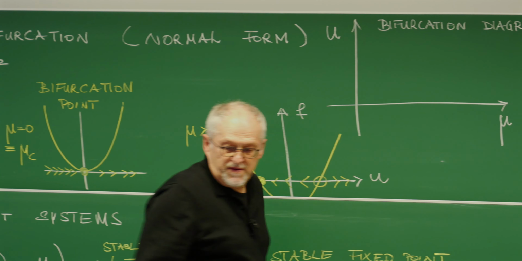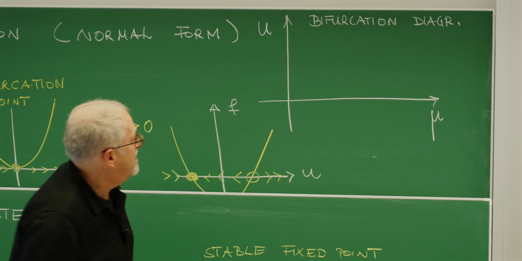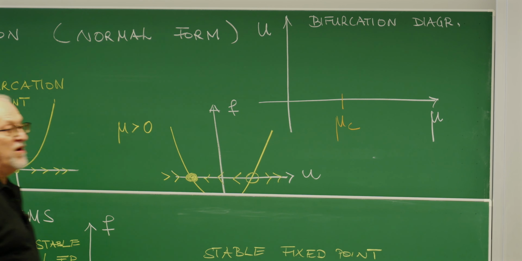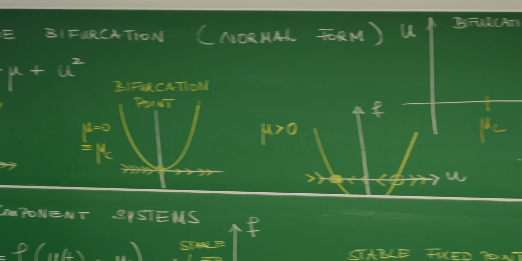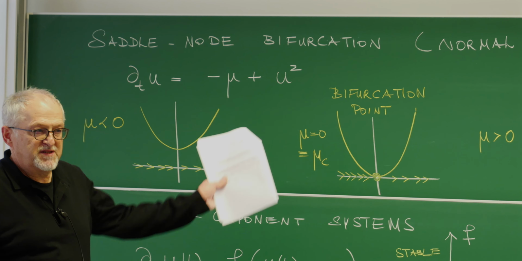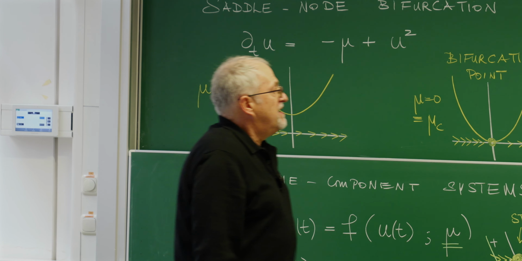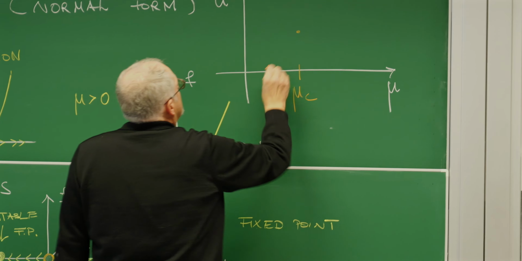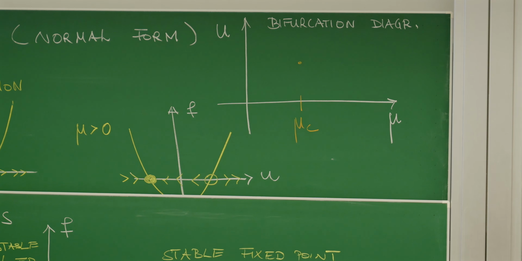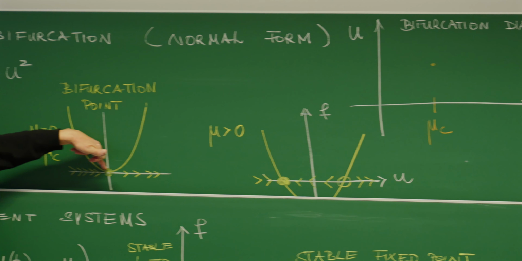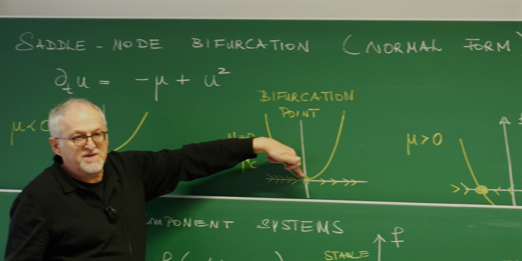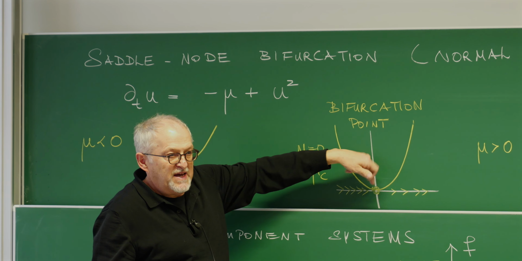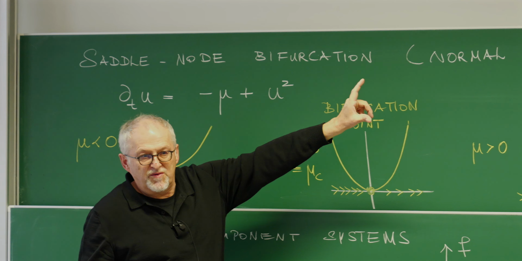We have the threshold value, mu c, and if we are below that threshold value, nothing is really stable. So there's nothing to draw here. And then out of the blue, right at this particular point here, I do have the emergence. So as this touches here, I have the emergence of a fixed point. And this fixed point, as soon as it emerges, it splits up into 2.